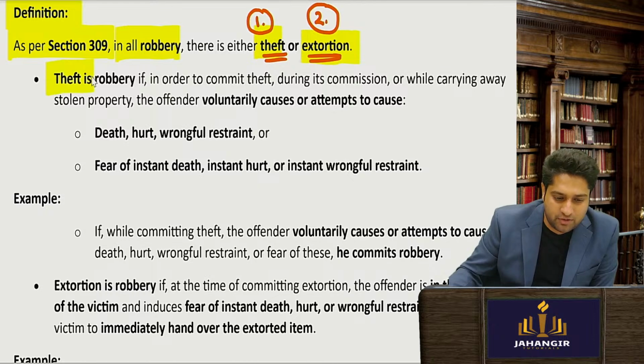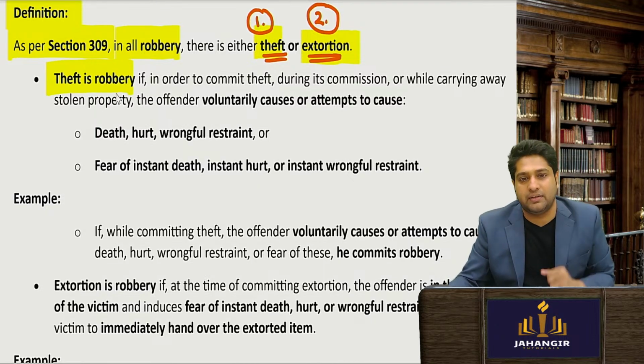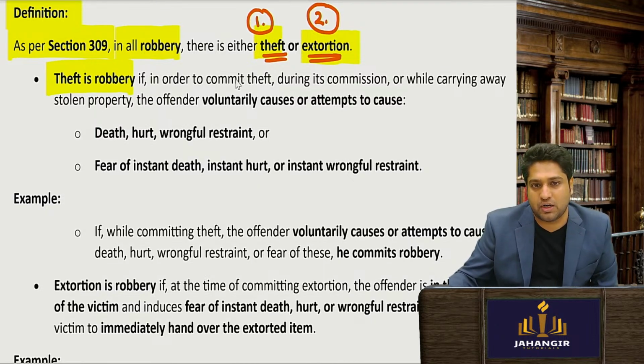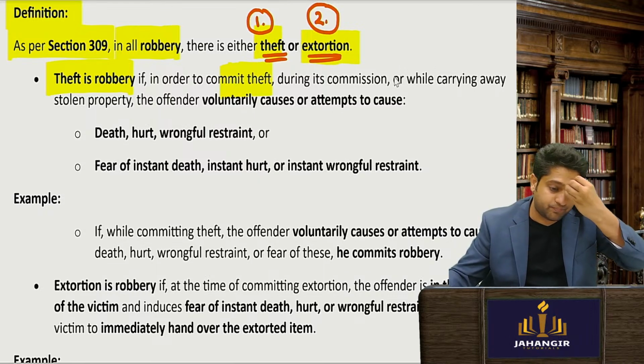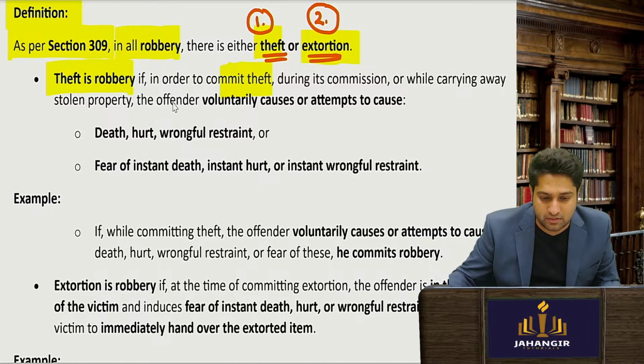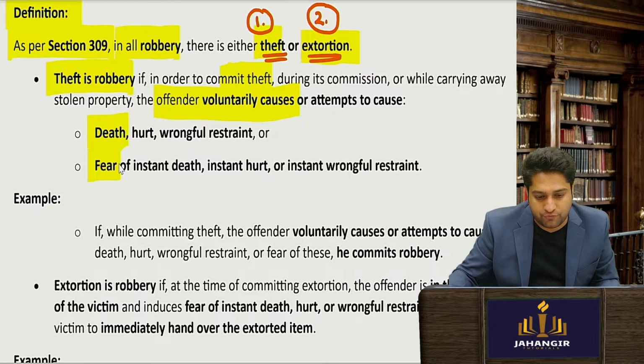A theft will be turned into a robbery if, while committing theft, you have all the essentials of theft and the offender voluntarily causes death or fear of instant death.